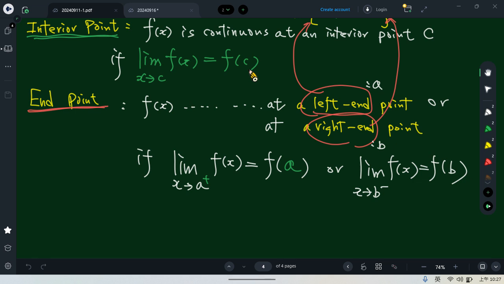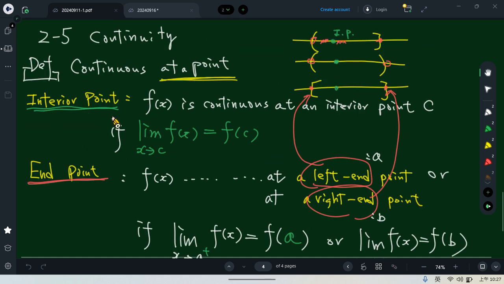And the most important thing is if the limit value is the same as the function value at x equals c. Okay, so this is for an interior point.